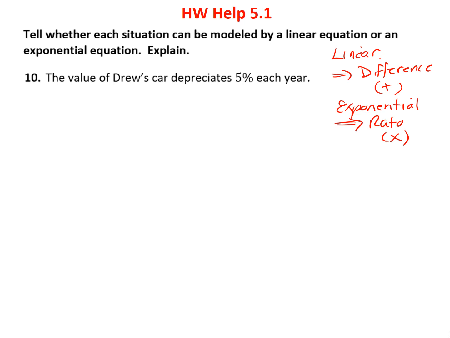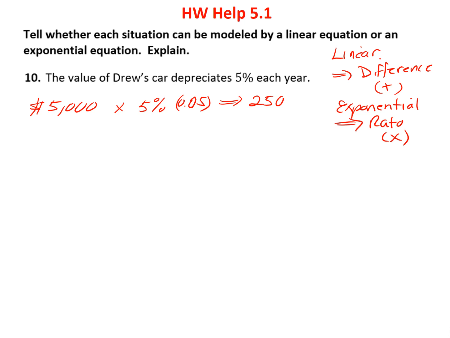For example, let's say Drew's car is worth $5,000. Well, if it depreciates by 5%, if I multiply that by 5%, which is 0.05, that implies the depreciation is $250.